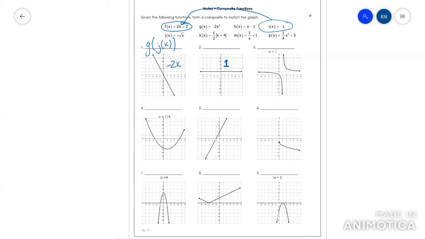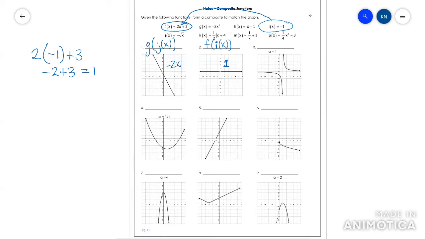It would look like 2, and instead of writing the letter x, I write -1, and then I have a +3. Do the math: -2 + 3 is 1, which matches my composite graph. So for this answer, I plugged I into f of x. I was on the inside because it got plugged in to f of x, which is on the outside.